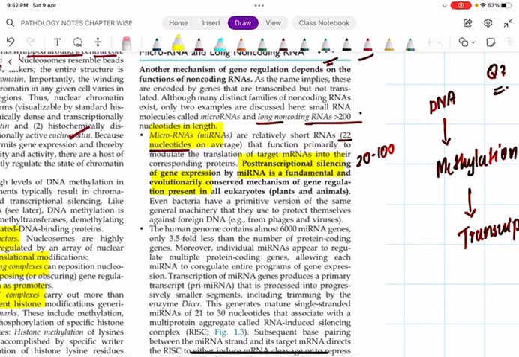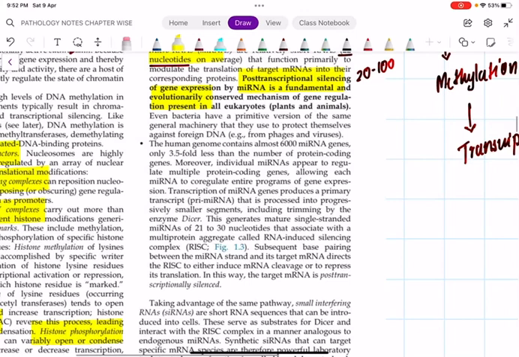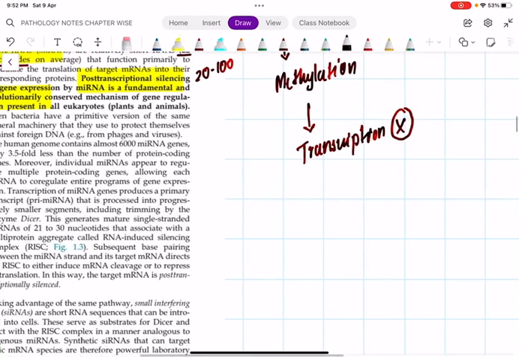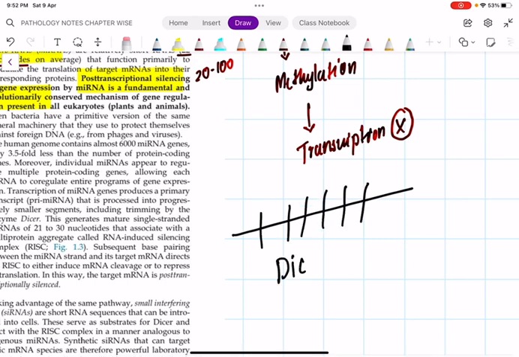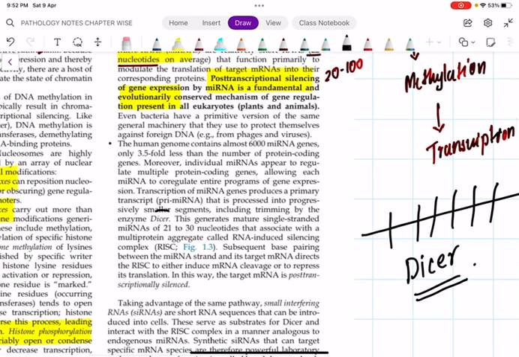Okay, yes, fine. Then we have something we call Dicer. What are Dicers? Dicer means during the formation of this miRNA, it will be trimmed. Suppose this is a single mRNA, it will be divided into small segments with some enzymes. We call it Dicer. Okay, yes, just remember all this for MCQ purposes.